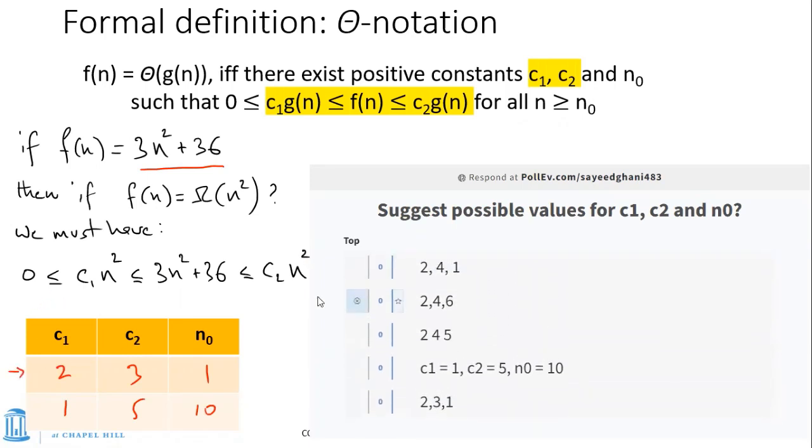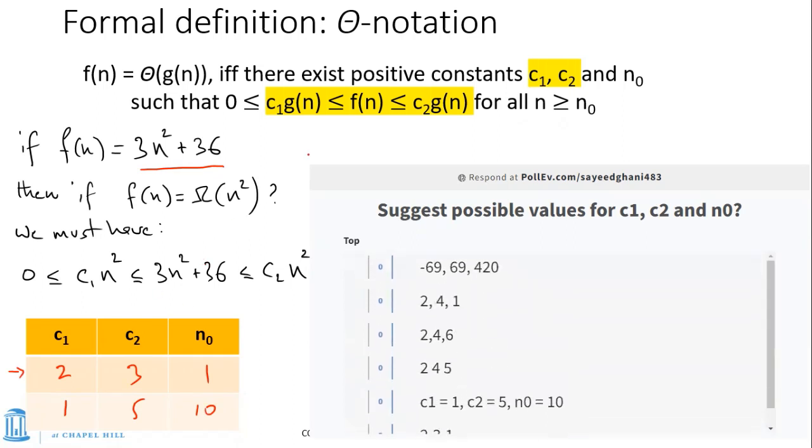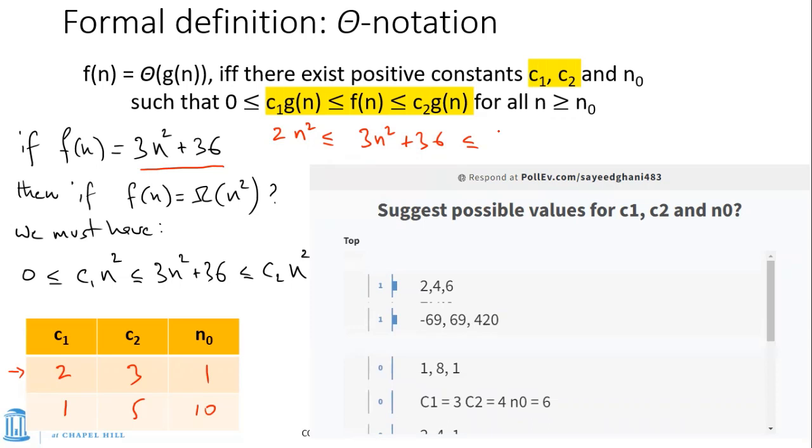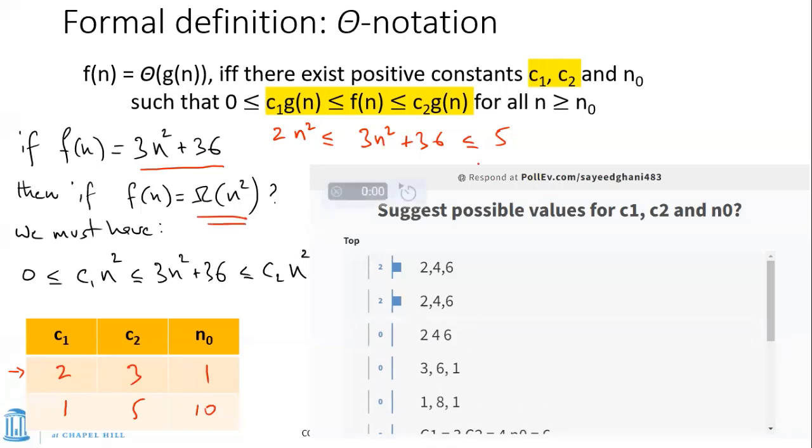So you're basically saying that 2n squared has to be less than or equal to 3n squared plus 36, and has to be less than or equal to 5n squared, for n greater than or equal to 1. And what we're trying to find is theta of n squared.